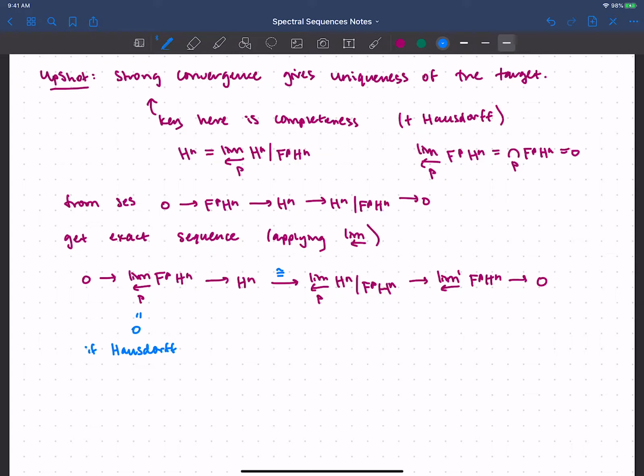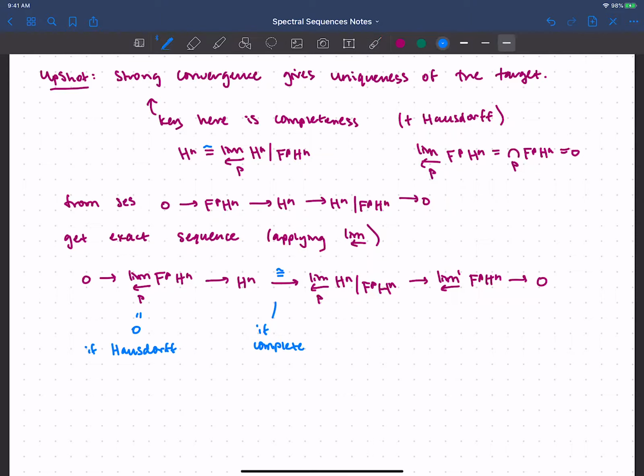I keep writing equals, but of course I mean isomorphism. So this is if complete. And notice that if we have an isomorphism there, then our lim1 term vanishes. And also this other thing vanishes just because the sequence is exact. So that's why I said complete implies Hausdorff, the way we set this up.